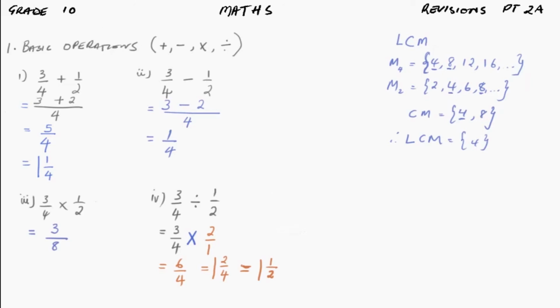Okay, now let's look at another example here under basic operations. This one is going to be very interesting. Let's see what we have here. We have 2 1/2 divided by 5.